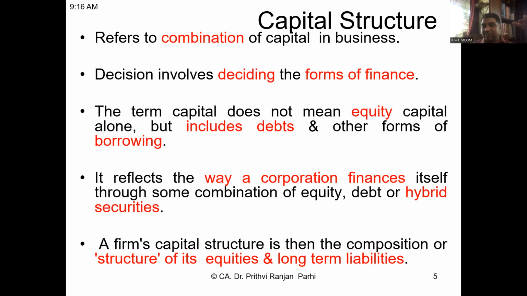Earlier, we had discussed this concept. For example, convertibles are financial instruments which may initially be a debt, but after some period may be converted into equity. So it's a hybrid security. It will behave partly like debt, partly like equity.